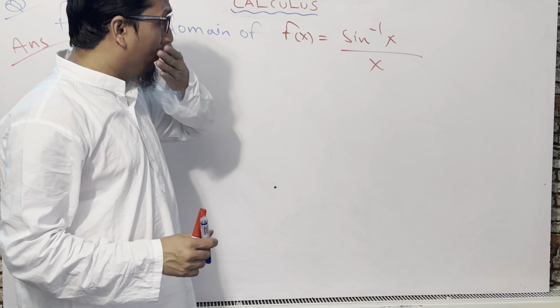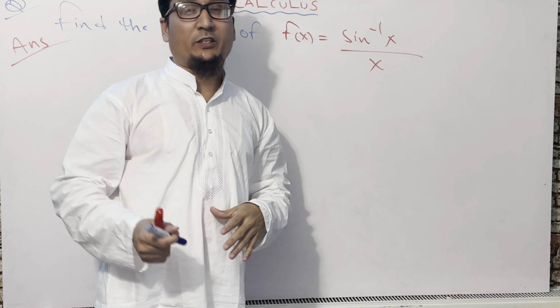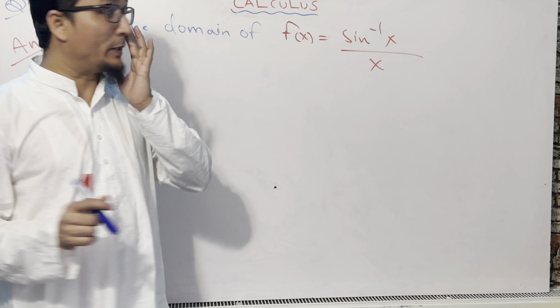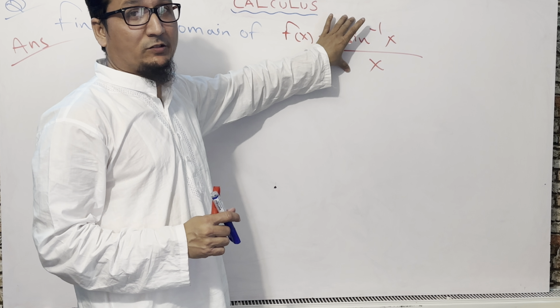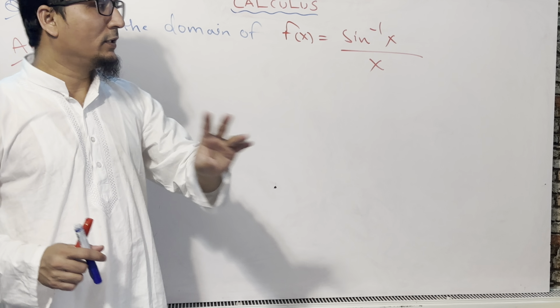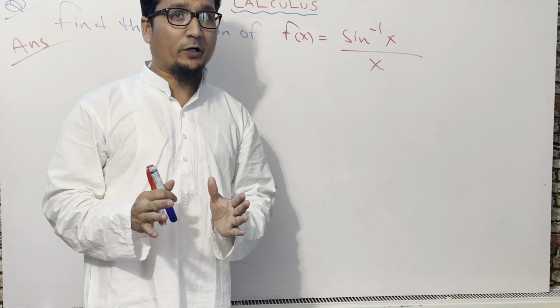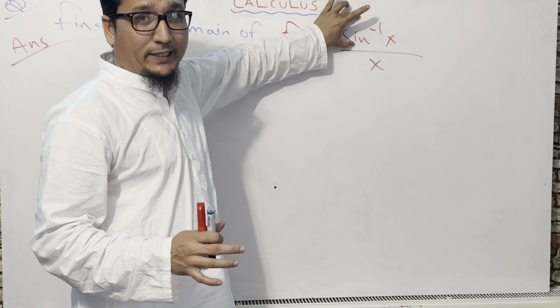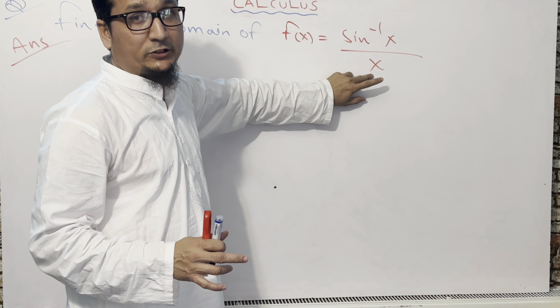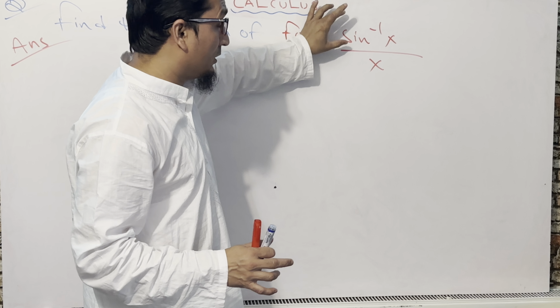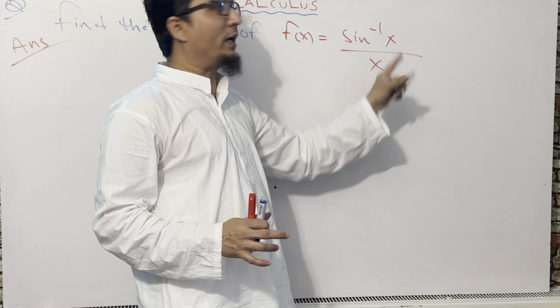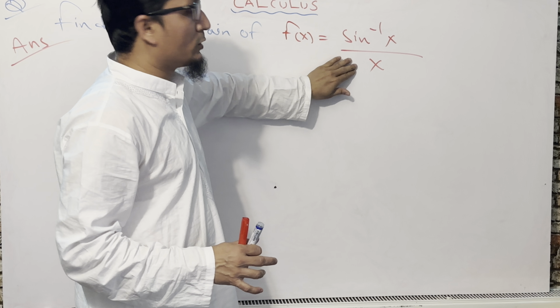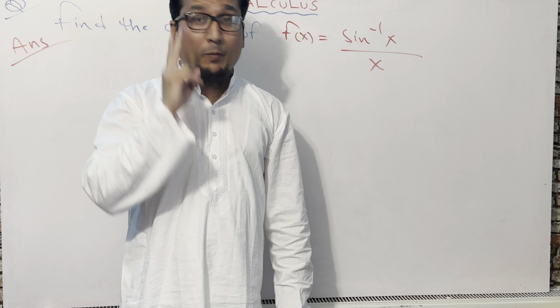As you can see here, I told you in my previous lecture about a composite function. Here we have two functions written in rational form: the one is sine inverse x and the second one is x, a linear function.